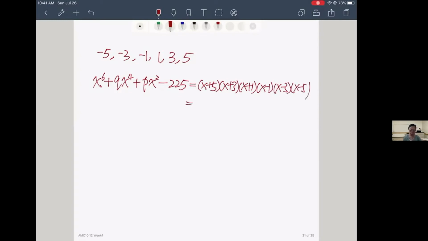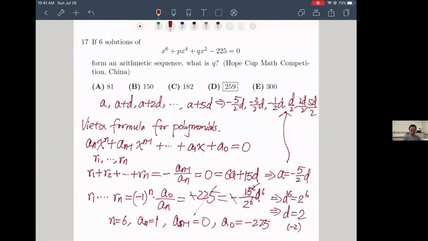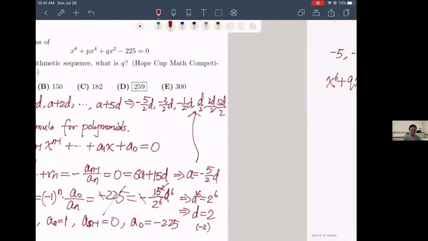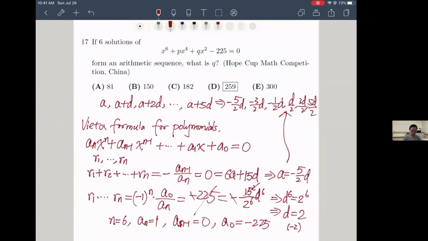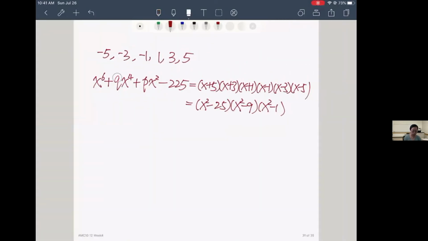We see that we have a plus b times a minus b, so x squared minus 25, x squared minus 9, x squared minus 1. Sorry, I think I messed up p and q. So this one is called q, this one is called p.